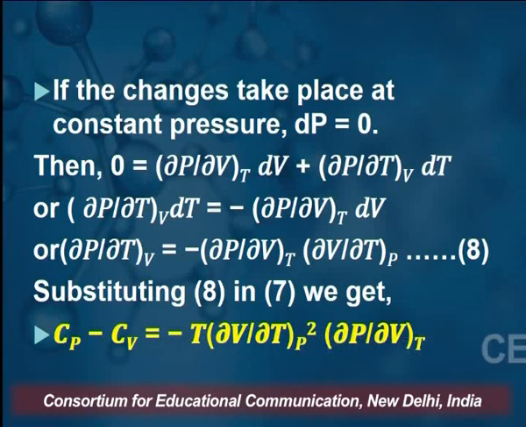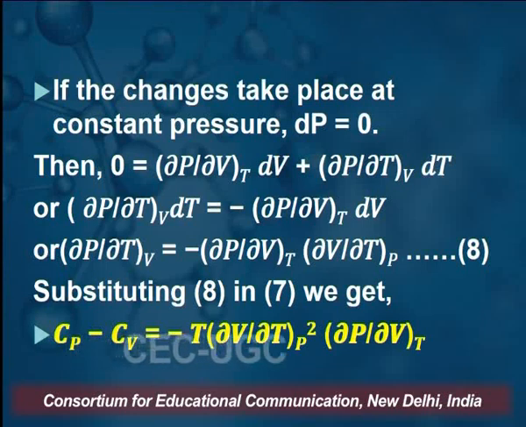We get 0 is equal to ∂P/∂V at constant temperature into dV plus ∂P/∂T at constant volume into dT, or ∂P/∂T at constant volume dT is equal to minus ∂P/∂V at constant temperature dV.